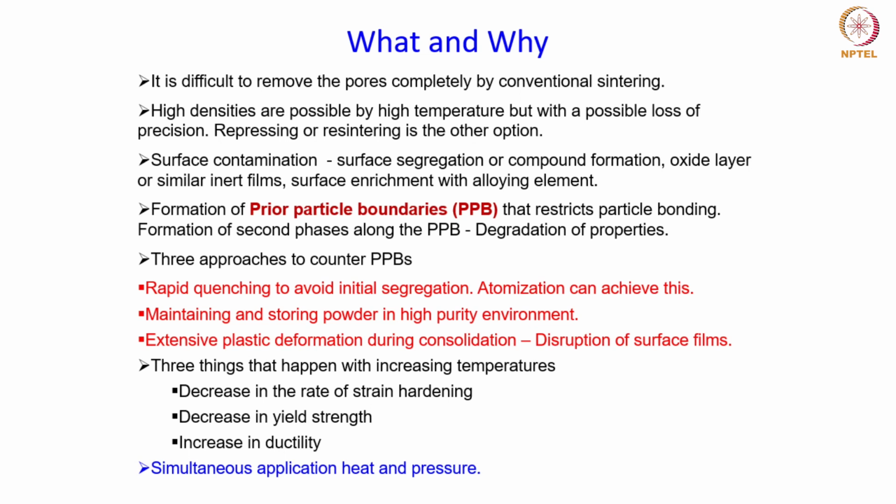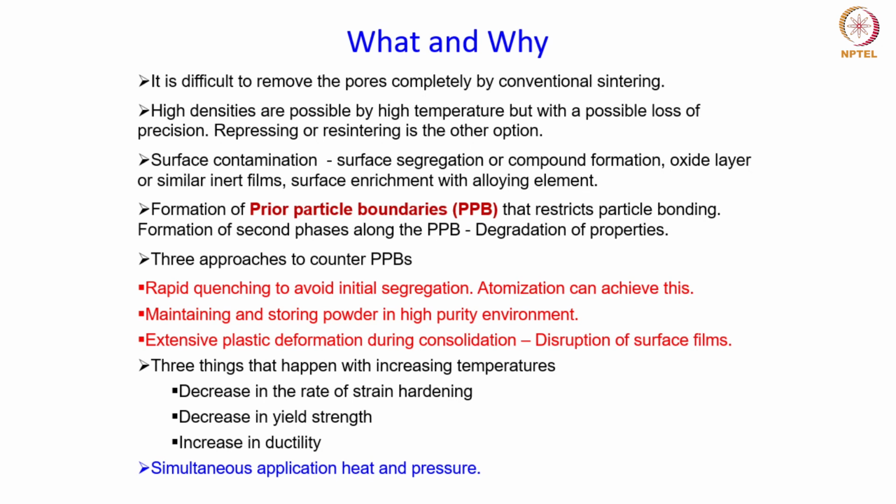So in order to get a full density, this kind of boundaries or the surface layers which lead to them are to be removed, and that is where hot consolidation comes into the picture, where during the sintering process an external stress is applied, and due to that stress this surface layer on the particles can be disrupted and the prior particle boundaries can be prevented.